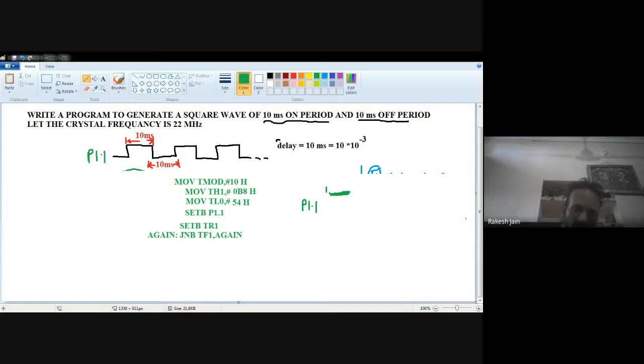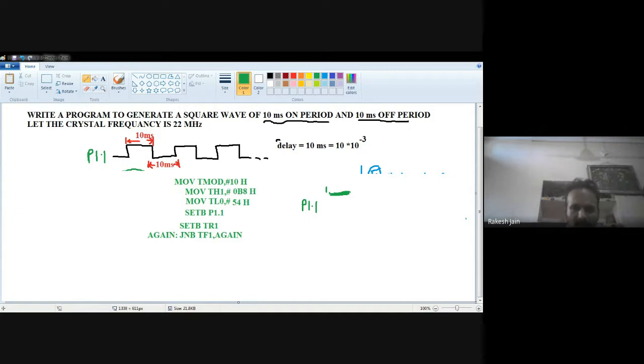So when we write SETB TR1, timer register 1 will count from 0000 up to B854, and the total time required should be equal to 10 millisecond, because we already calculated that for 10 millisecond B854 is required. So the timer register starts from 0000, counts 0001, then 0002, then 0003, up to B854.